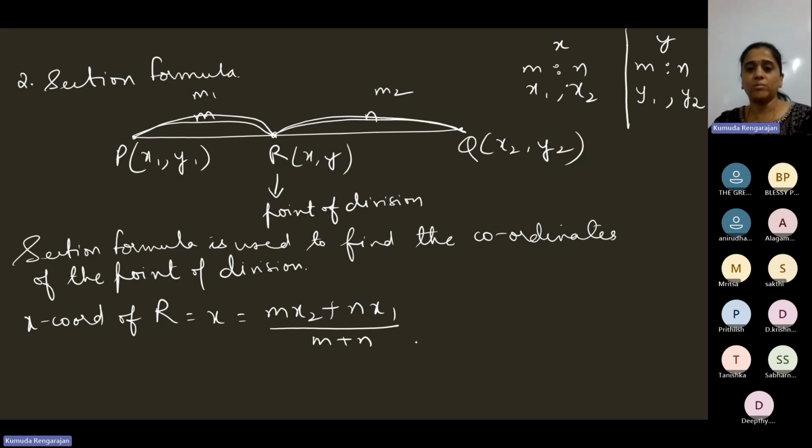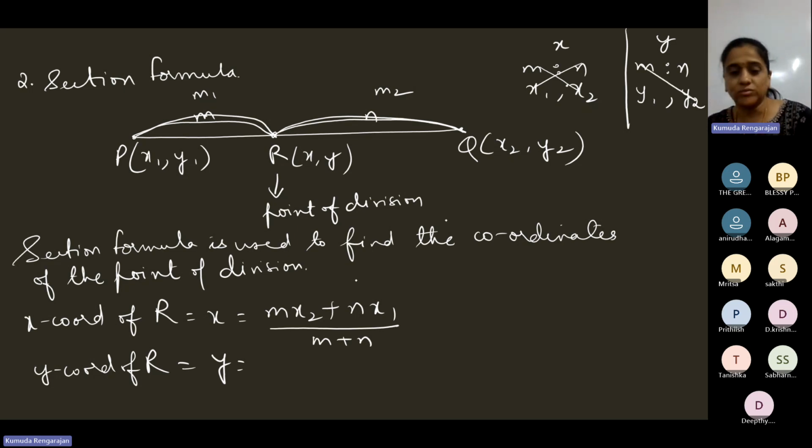All right, so the formula is mx2 plus nx1 by m plus n. This will give you the x coordinate of R, and the y coordinate of R, which is y. Here y is equal to my2 plus ny1 by m plus n.